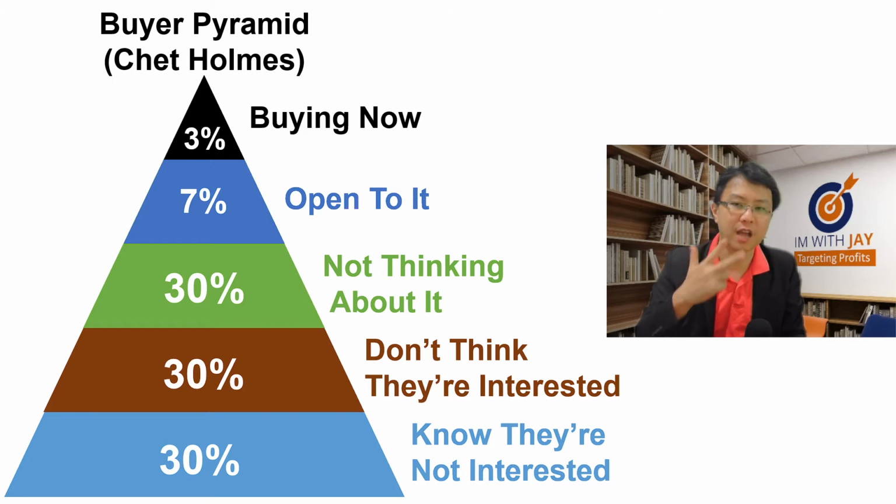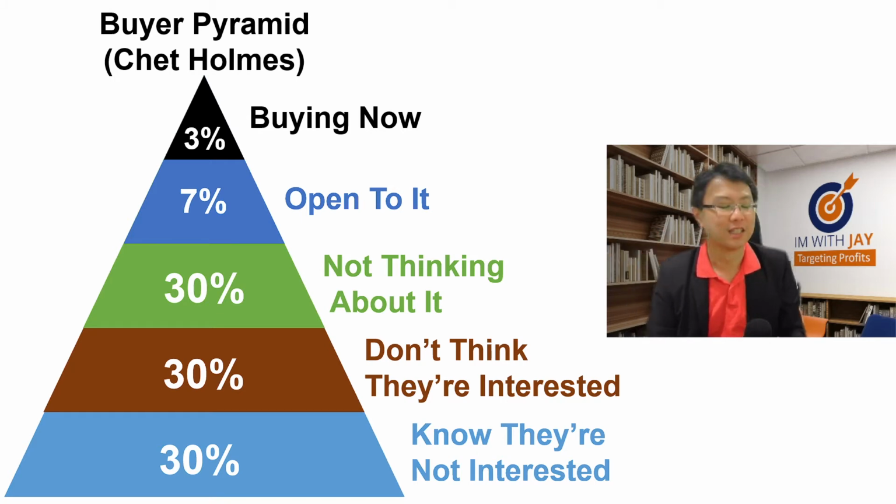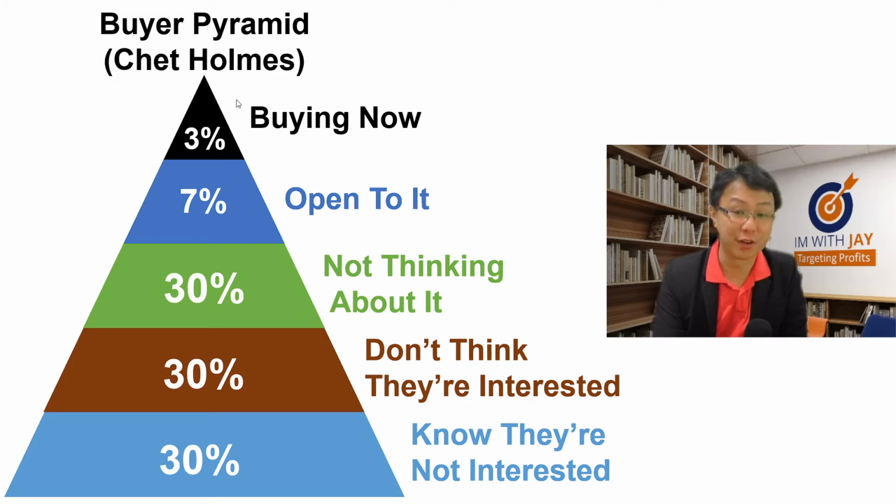Now, it's very hard for us to gauge when is the right time for them to quote unquote pull the trigger. So instead, what do we recommend? Since only 3% is ready to buy now, if on your landing page, the only decision they can make is, am I going to buy now?